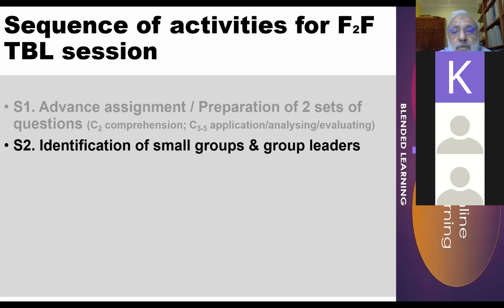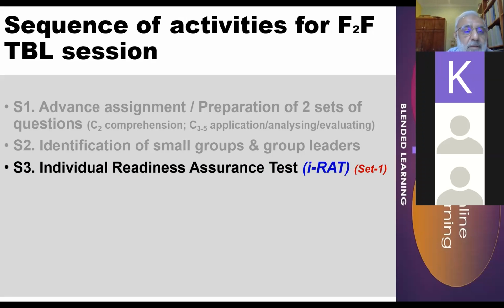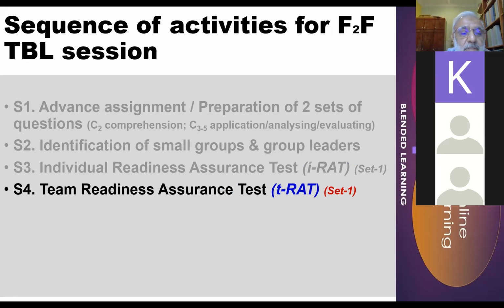The students are divided into small groups and their group leaders are identified. And then there is an individual readiness assurance test, which uses the first set of questions, which is mainly on comprehension. The fourth step is the team readiness assurance test, again using the same set, but here the students are responding as a group.